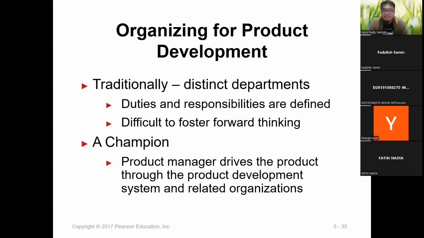Somehow, in order to enter the market, and to make sure the process is practical and gives more value, we need to do the process we call the product development system.